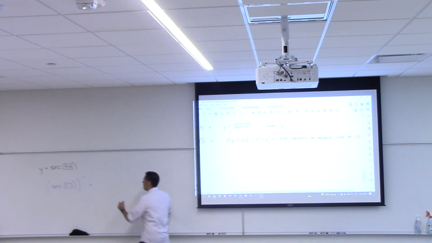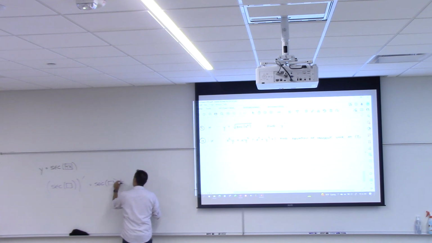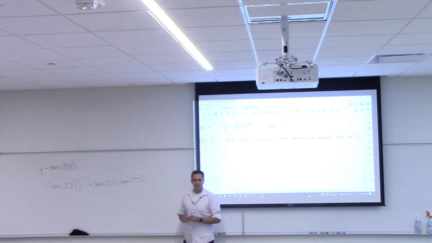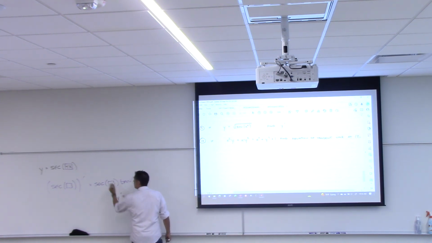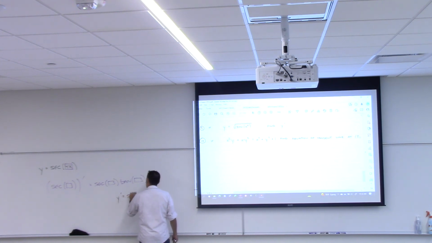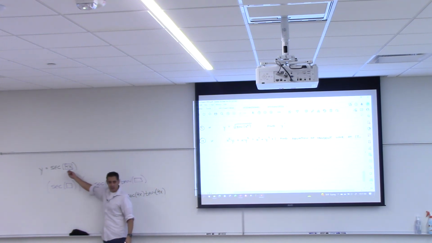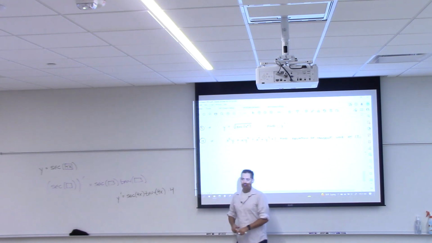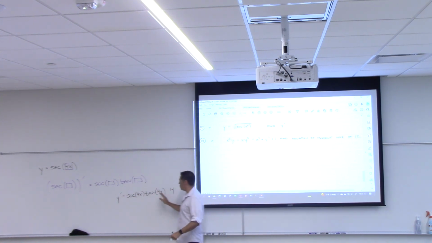So I'm going to write secant of the box, tangent of the box. Understand? I'm taking the derivative of secant of something. It's going to be secant of that 4x, tangent of that 4x. But then I have to remember to take the derivative of what's inside, which is just 4. That's it? That's it. And you can put the 4 out front if you want. This 4 can go out front. These 4s are trapped with the x's.